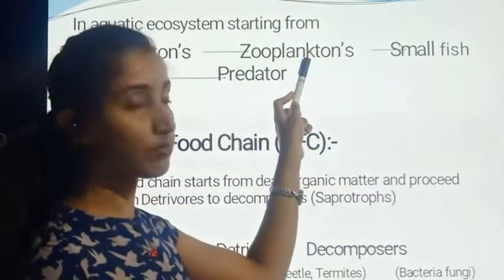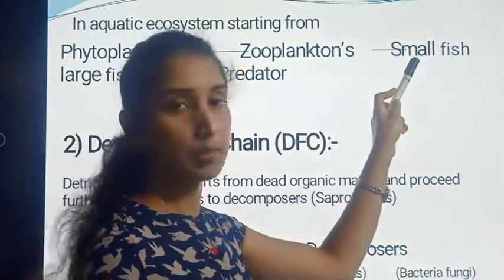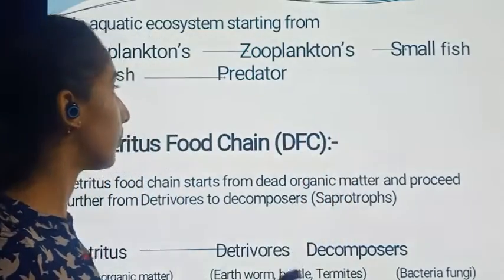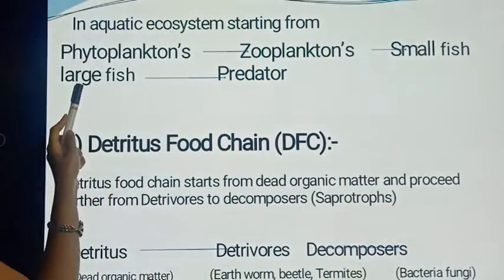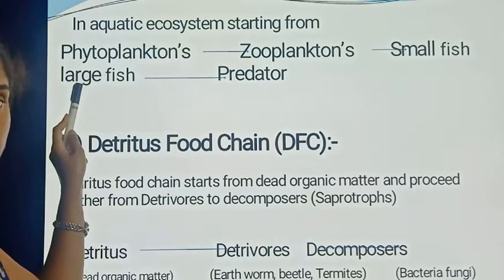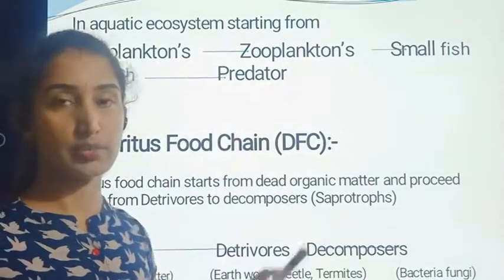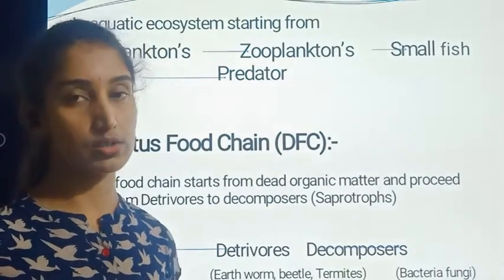And these zooplanktons are consumed by many of the small fishes present in the water medium, and these small fishes are consumed by the larger fishes, and the larger fishes are eaten by the predators. Snakes or crocodiles, etc., can be considered.